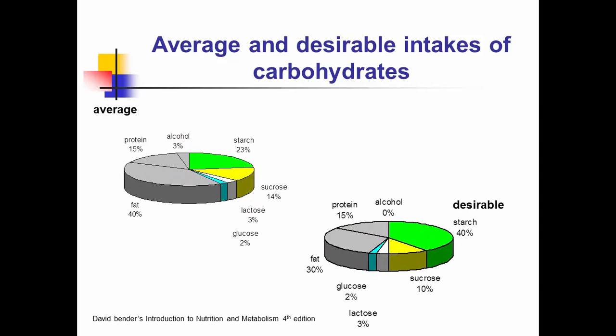And then the carbohydrate: most of the carbohydrate in our diet is actually sucrose, which is not good. We hope to have a higher percentage of starch as the carbohydrate in the diet.